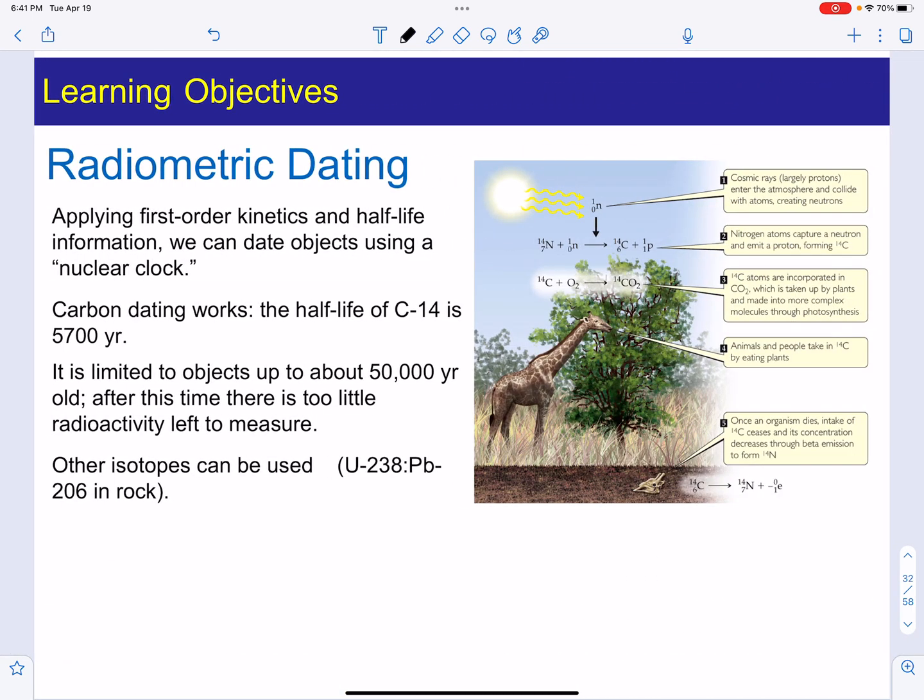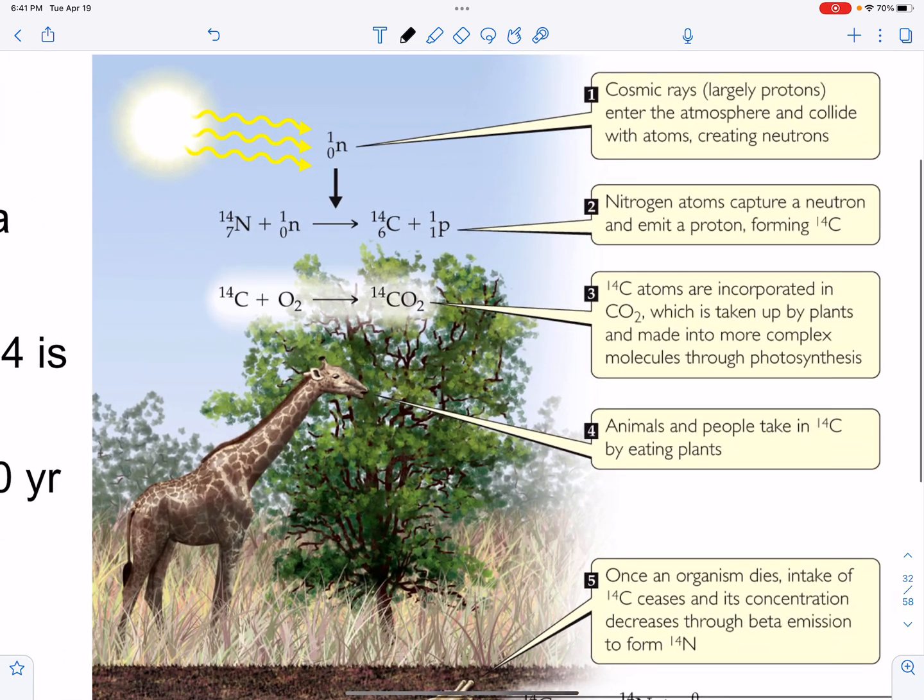And we can use these features to measure how old something is. For example, we use a lot of carbon-14, because this is the way carbon-14 works. The protons that are in the atmosphere are affected by the UV light. Because of that, they are transformed into neutrons.